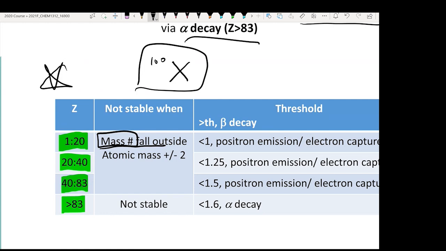Of course, if Z is larger than 83, it's never stable. But if it's below 83, then the way you judge is to compare the mass number here to the mass on your periodic table. If the difference is larger than 2, then you know it's not going to be stable.